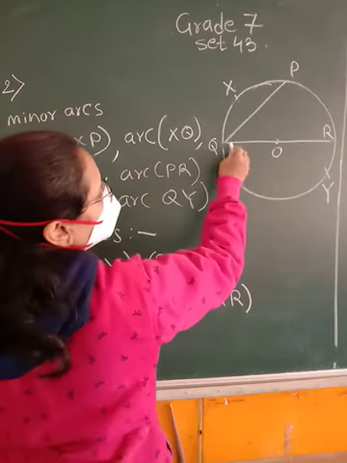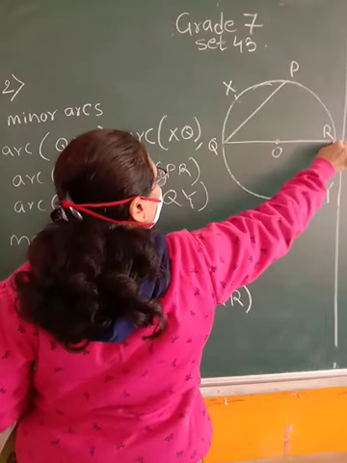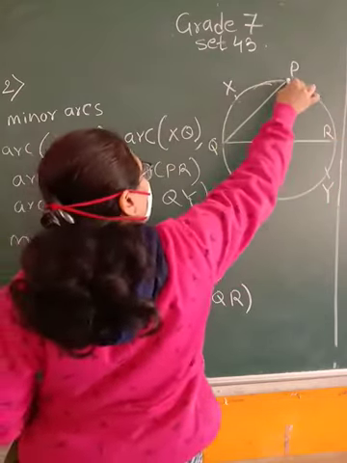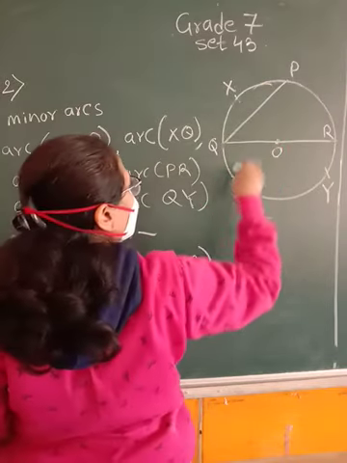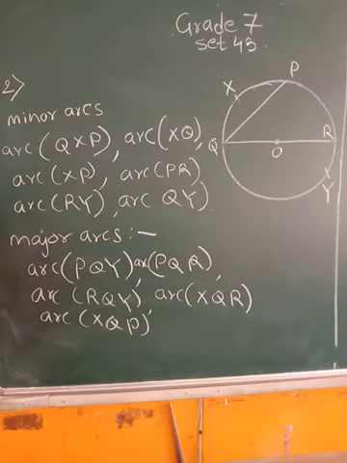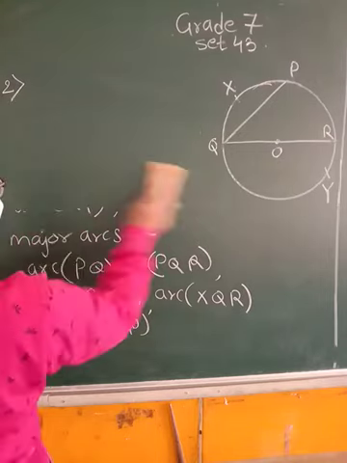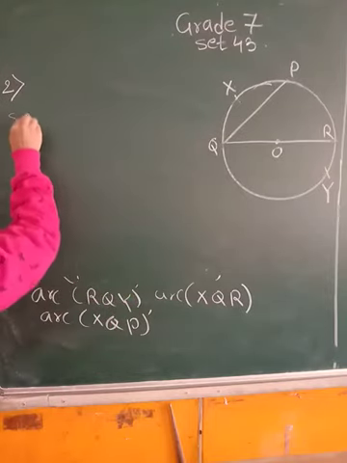So first we have Q, P and R. Considering this is the diameter, this is one half and this is the other. Depending on how many points on either side of the diameter are given, we can write the semicircular arc. So here the horizontal diameter is given, so we can write semicircular arcs.